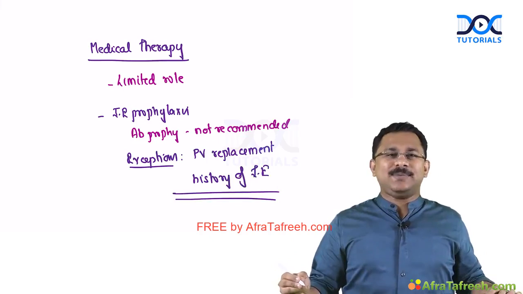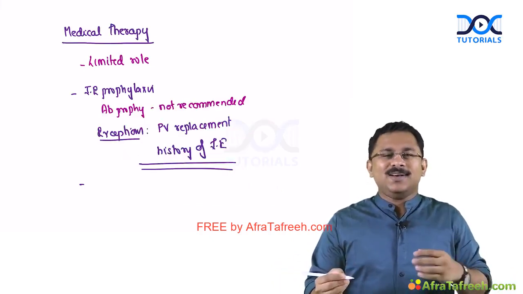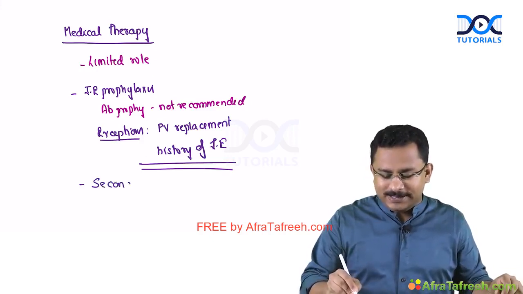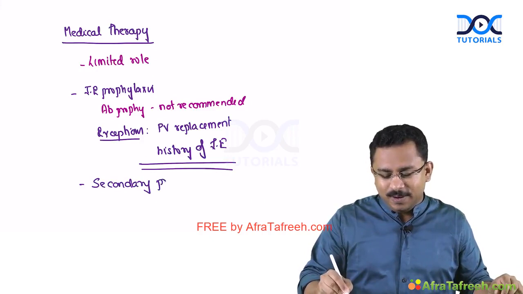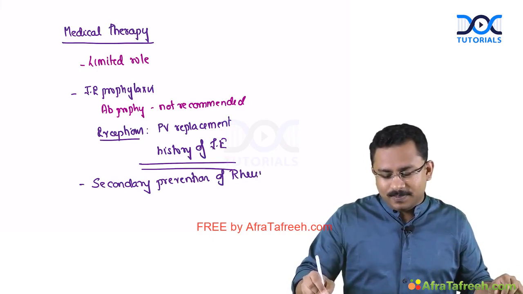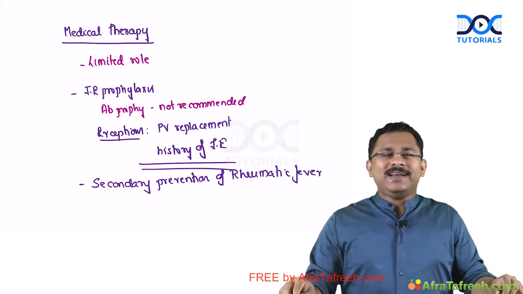So if there is a history of a prosthetic valve replacement or a prior history of infective endocarditis, then yes, these are exceptions. And what about the role of secondary prevention of rheumatic fever? Well, definitely yes.